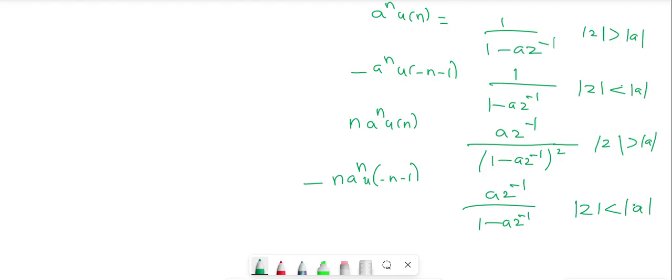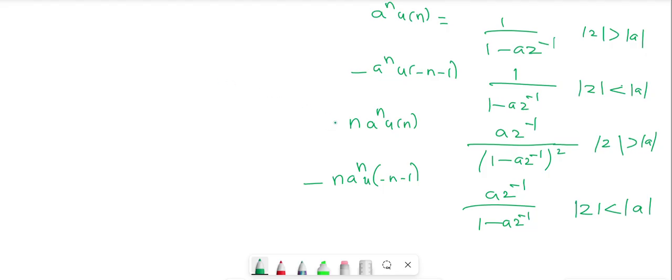It will be helpful, because here you learn how to apply the limits, and for the given function what the basic deterministic signals are: u of n, u of minus n, and u of minus n minus 1, and n into a power n u of n, and what about the shifting property and differentiation property.